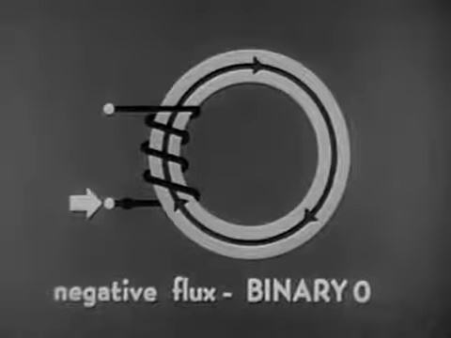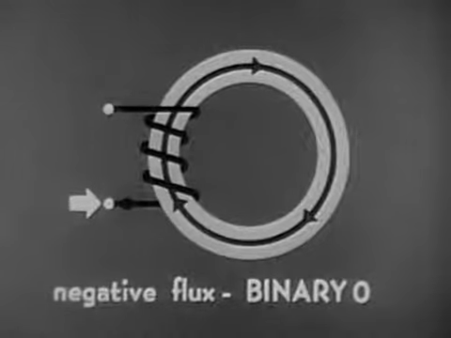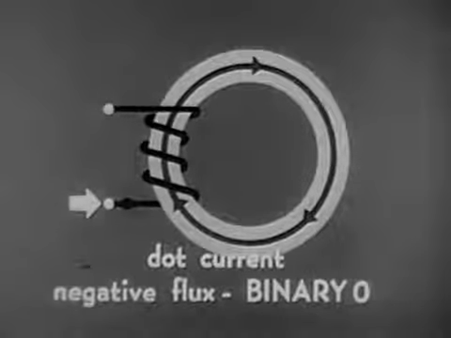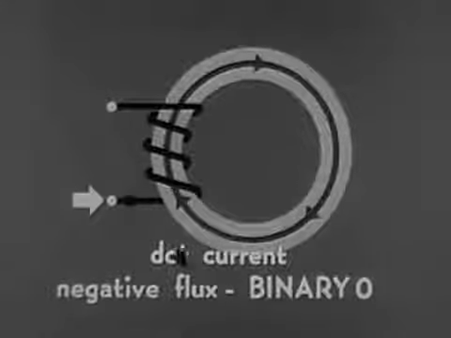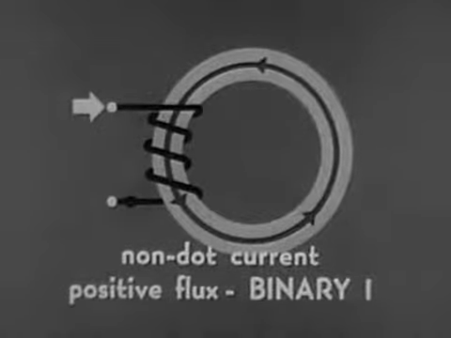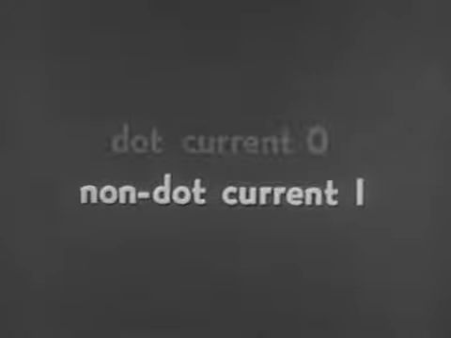By definition, current that flows into the winding from the dot side sets the core to 0. Current flowing into the non-dot side sets the core to binary 1. Remember, non-dot current for 1 and dot current for 0.